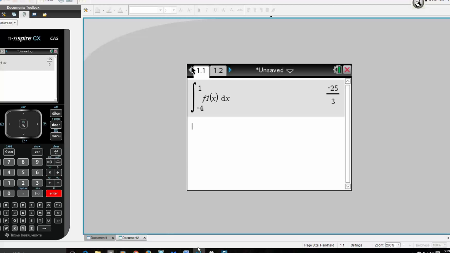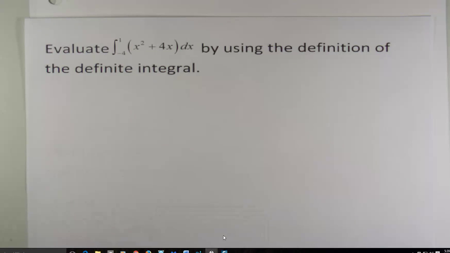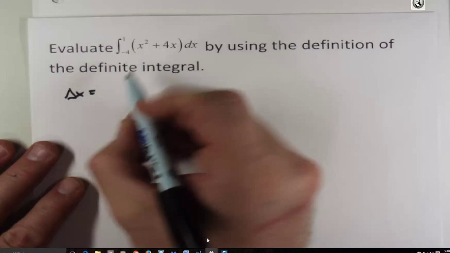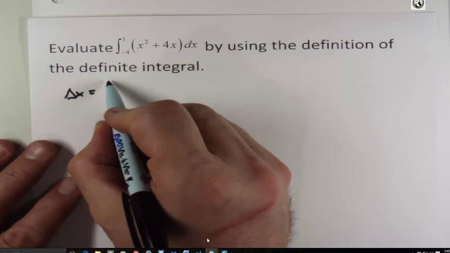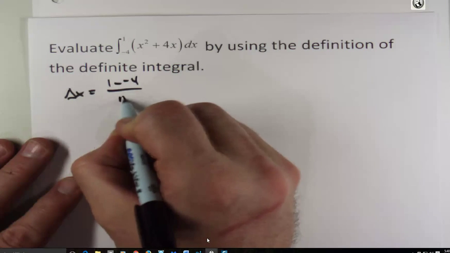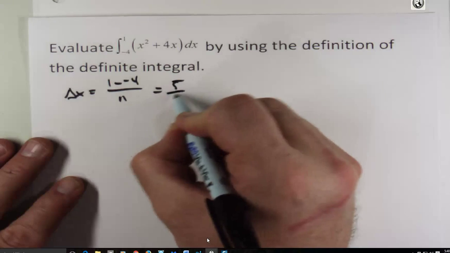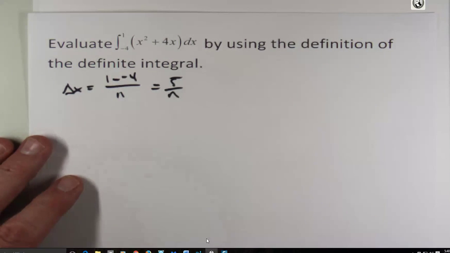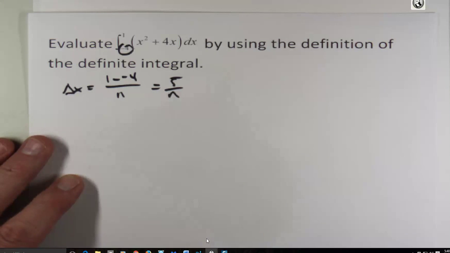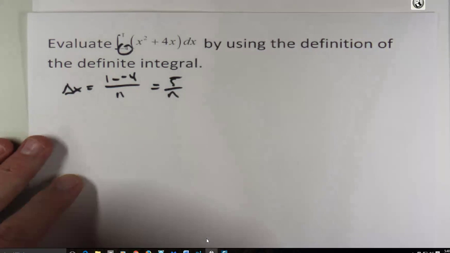Let's do this. Stay with me. Make sure you're pausing your video intermittently so you can go work these problems. First, the width is the right-hand endpoint minus the left-hand endpoint over n. So this is 5 over n. That means when I start at -4, everything starts at -4, I'm going to add widths.